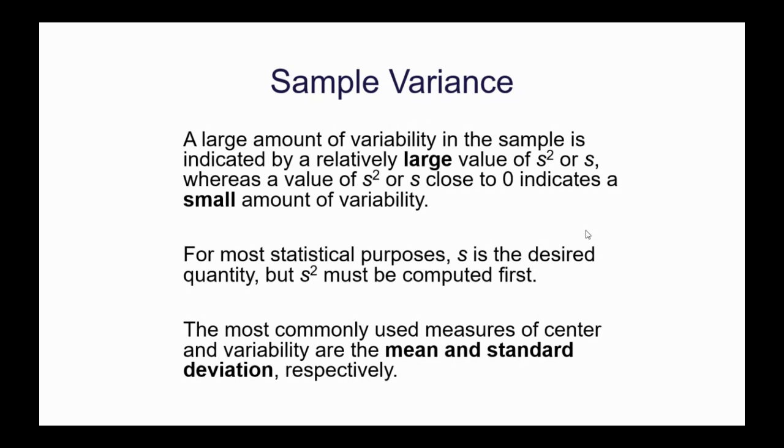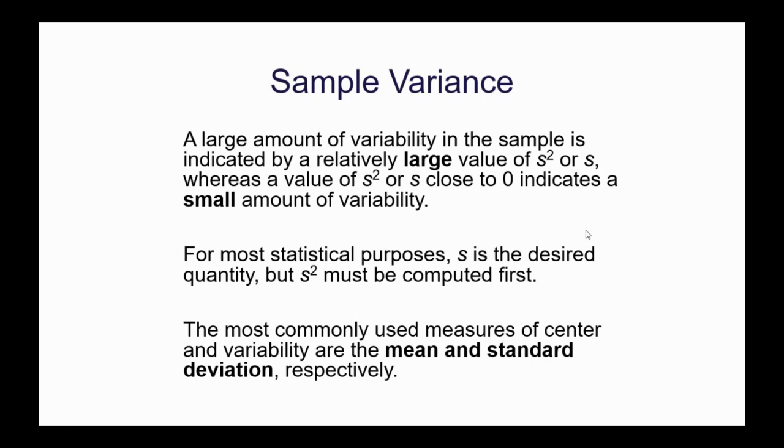If you don't have much variability, or it's close to zero, you'll have a small variance. But as we mentioned, for statistical purposes, standard deviation is usually the desired quantity.